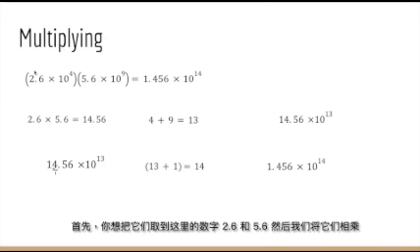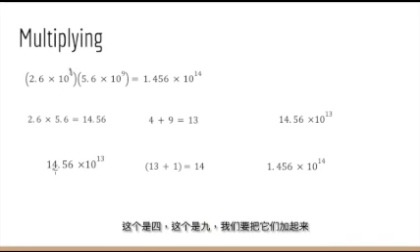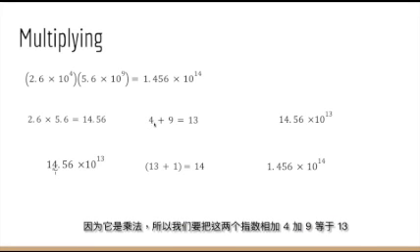First, we want to grab these two numbers here, 2.6 and 5.6, and we're going to multiply them, which will give us 14.56. Then we're going to take the exponents from each one in parentheses. This one is 4 and this one is 9, and we're just going to add them up because it's multiplying. So we're going to add both exponents up.